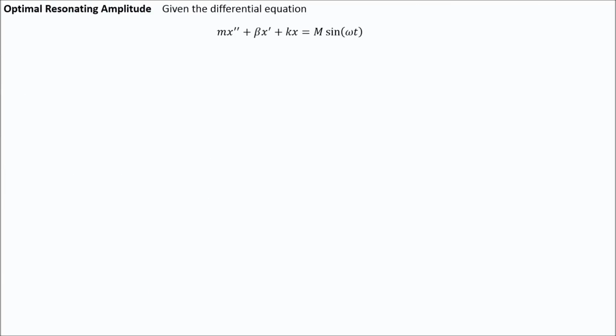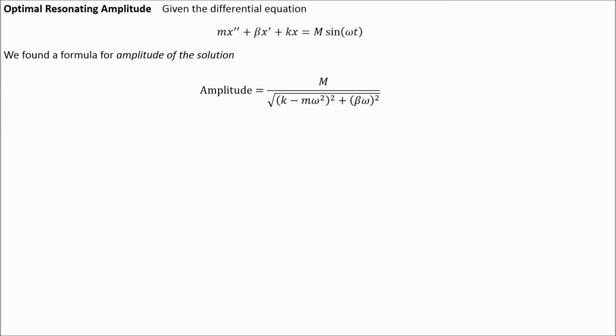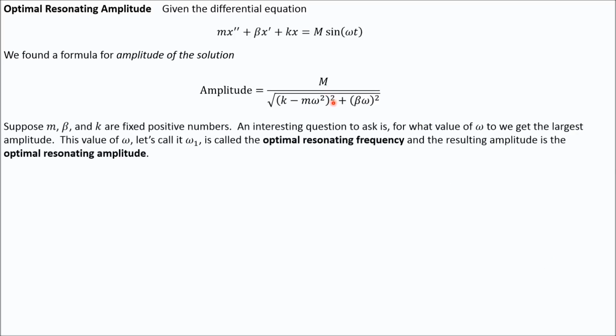So we have this differential equation. We found a formula for the amplitude of the particular solution, and it was this. Suppose we fix the mass, the resistance, and the spring constant, suppose these are all given to us.